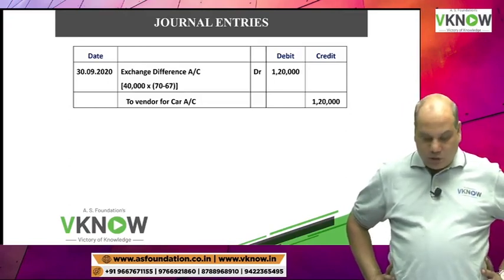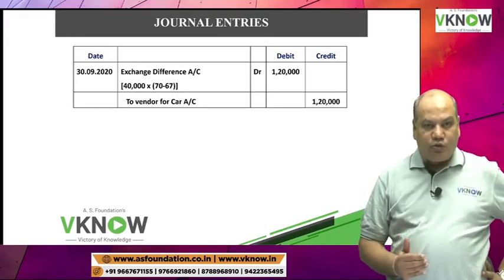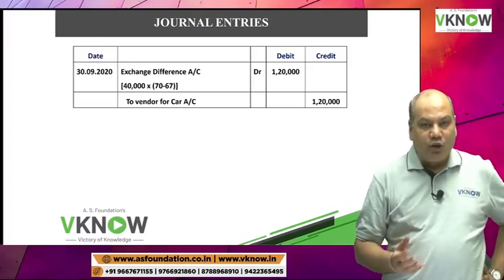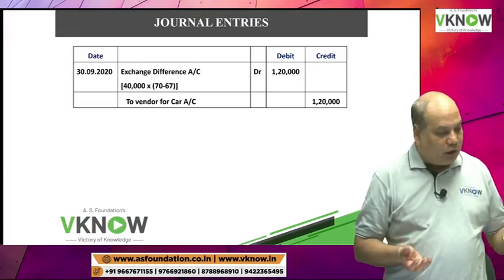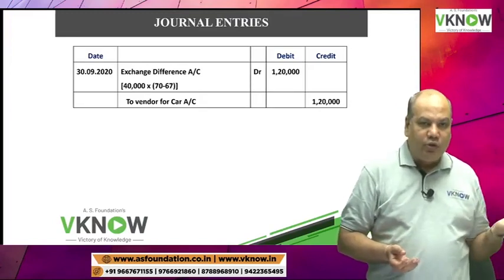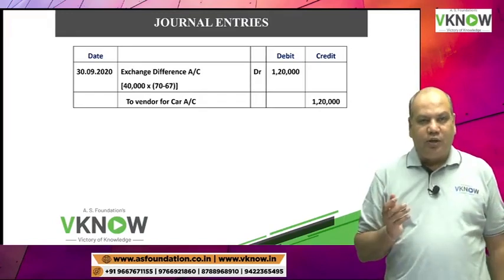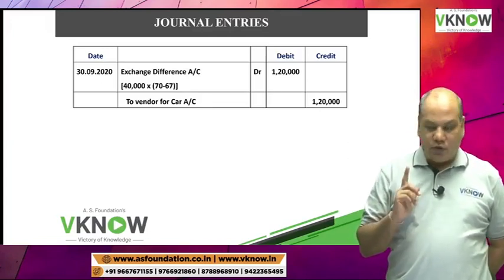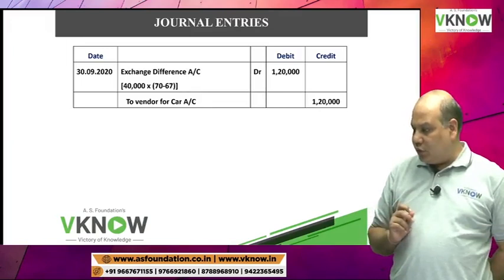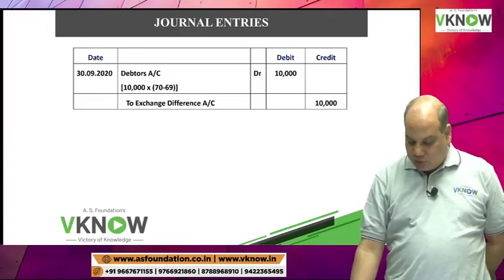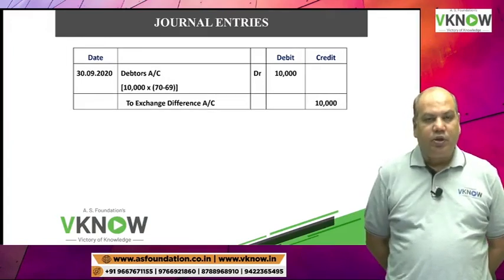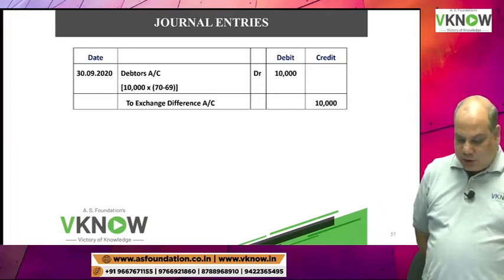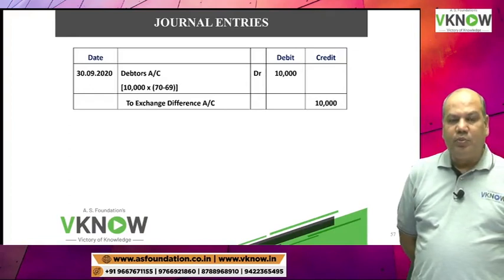And similarly we have a debtor also which is denominated in foreign currency. So in case of debtor also, I will see at what rate the debtor is recorded and what is the year end rate, and the difference will be recorded as exchange difference. So the next entry would be 30th September 2020, debtors account debit 10,000.